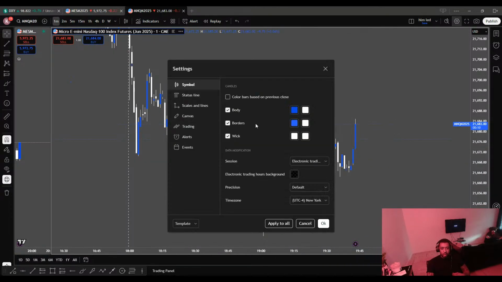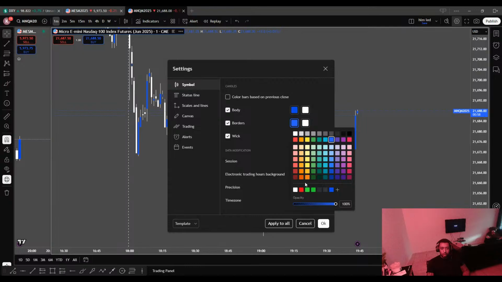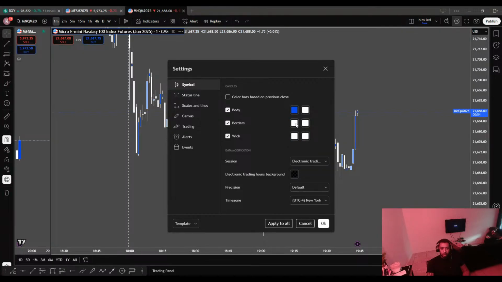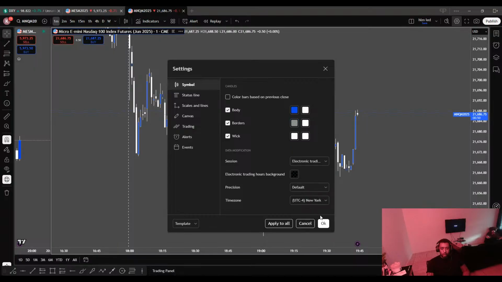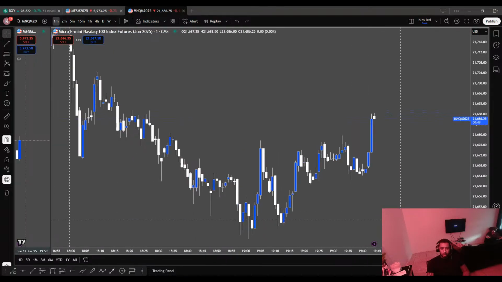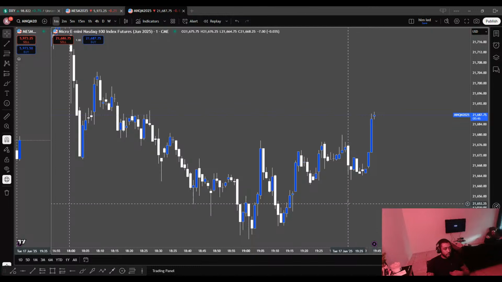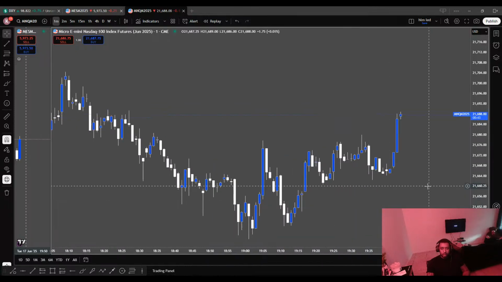I'm gonna make the borders white also. Yeah, I like this a little bit better.